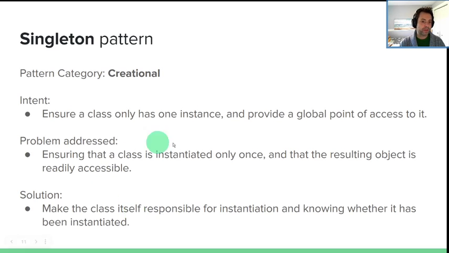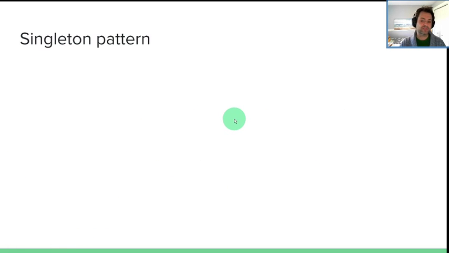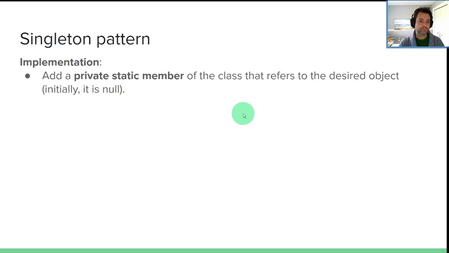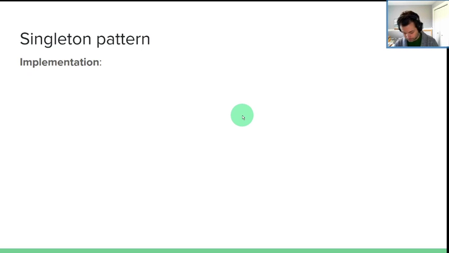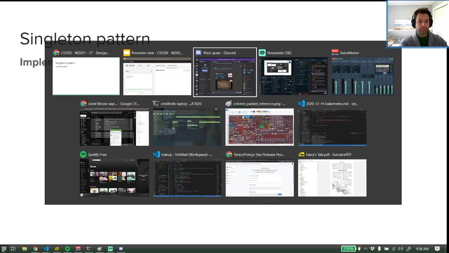So we have just one instance of a class. Any idea why that would be useful? Why would we only ever want one instance of a class? Is there any purpose to this?